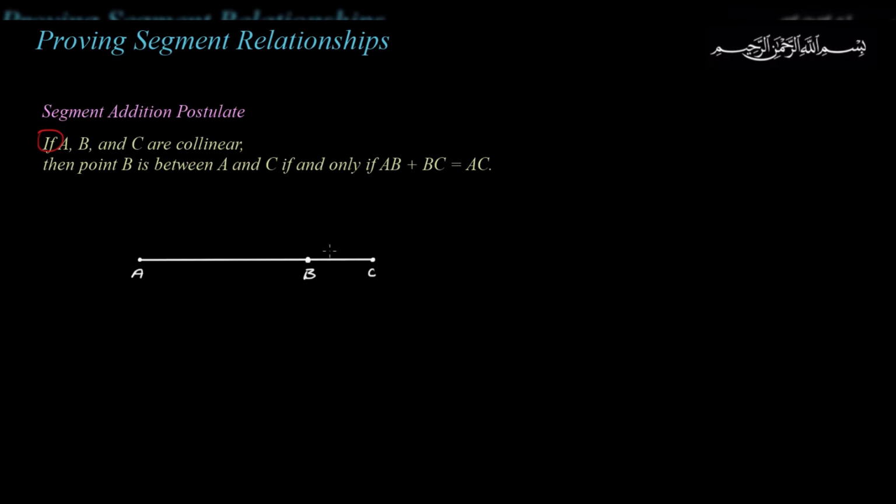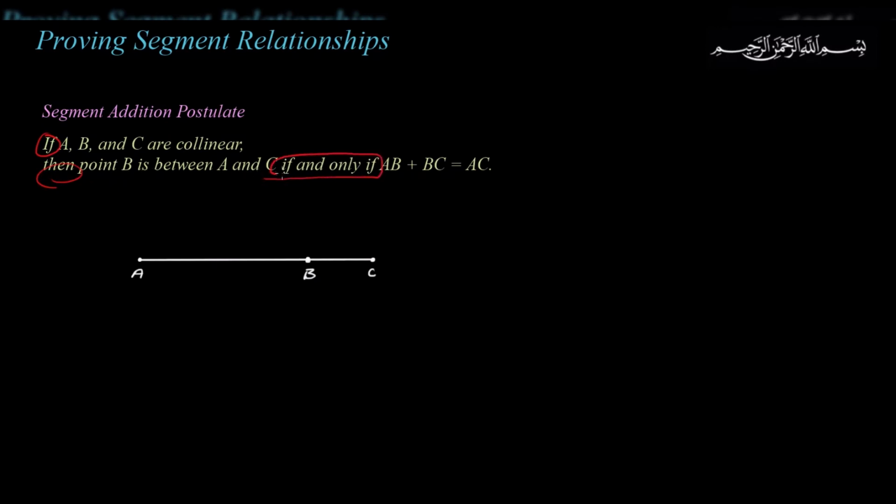So point B is between A and C if and only if. Now, first appreciate that this is a conditional statement, if and then. A conditional statement, if you recall, is followed by a hypothesis, and then by the conclusion of that statement. So, this is no ordinary conditional statement either. This is: if A, B, and C are collinear, then point B is between A and C, if and only if.